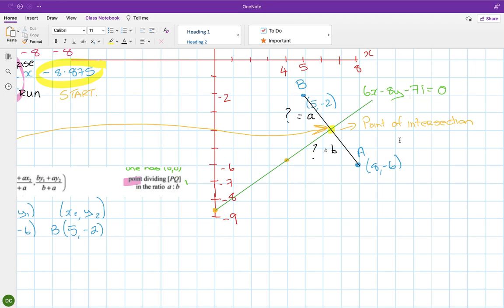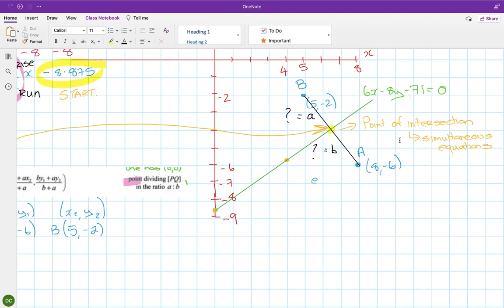So if I can figure out what that AB line is, then I can get the point of intersection, hopefully this rings a bell, using simultaneous equations. I'll do it in blue.